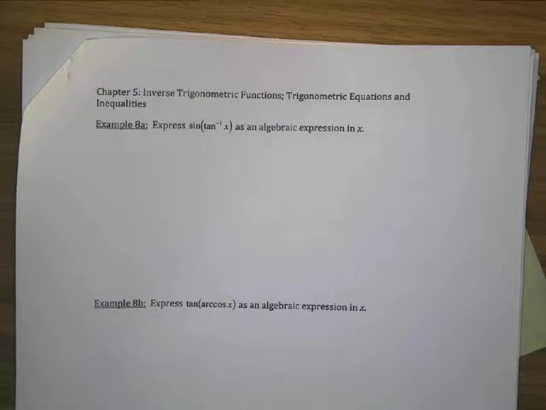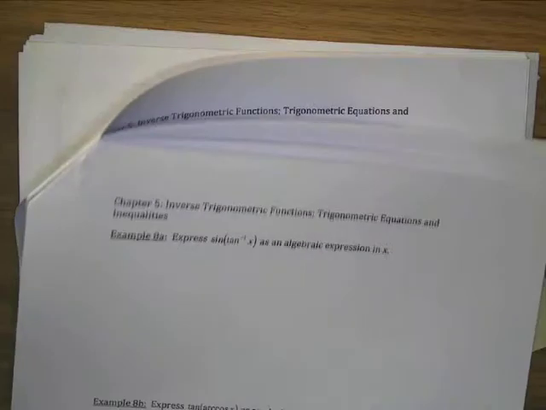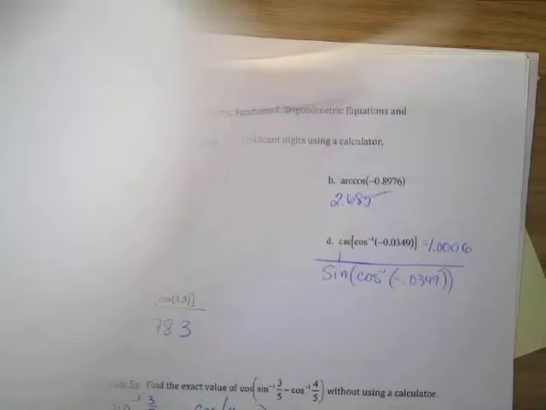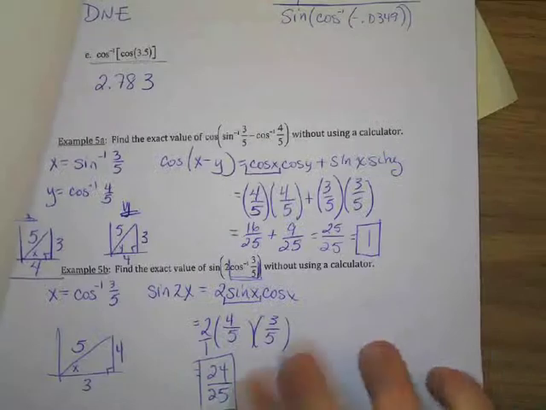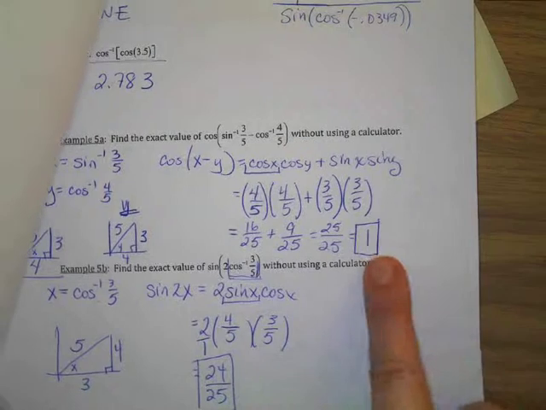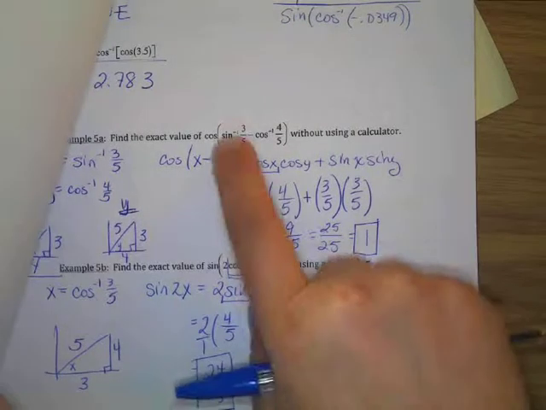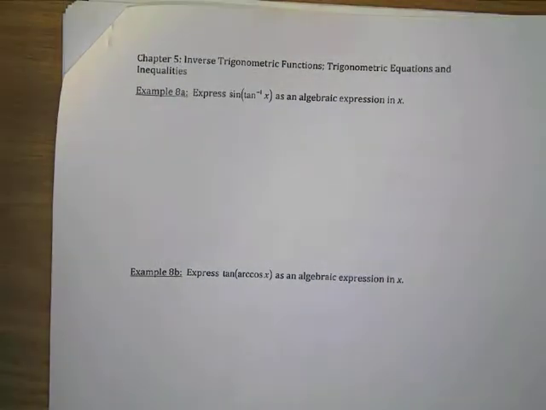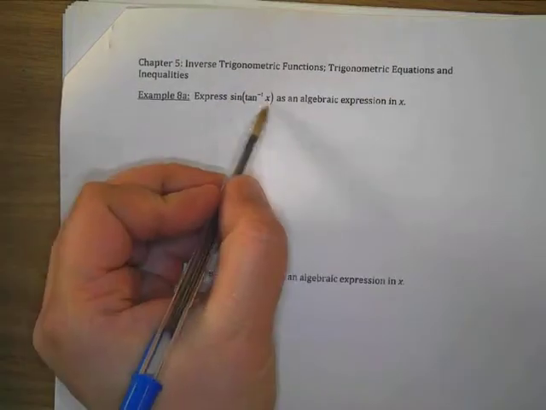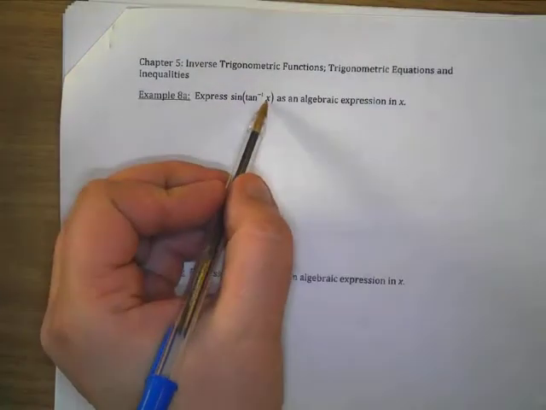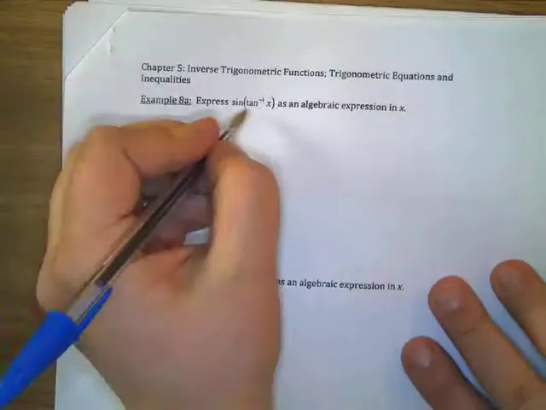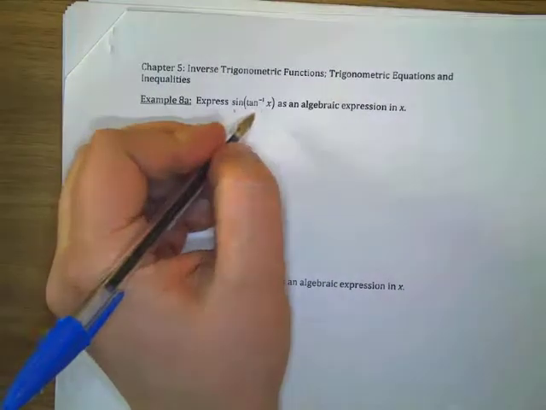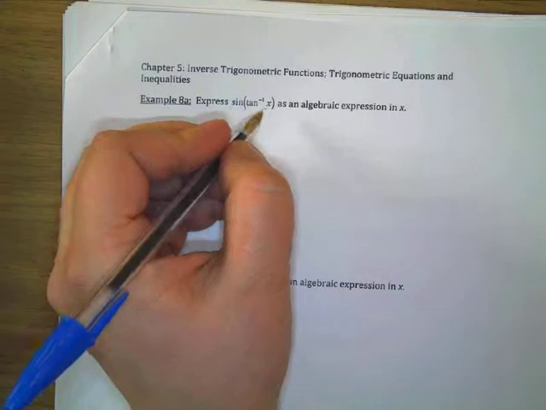Now these two, so remember back at example 5, we got real number answers because we had real number ratios. The next two, we're going to get algebraic answers. We're going to have x's in there, okay? Because what did they give me as my ratio? X over 1. So here's what we're going to do. We're still going to replace the inverse tangent, but I can't replace it with x anymore because x is right there. So what are we going to replace it with?